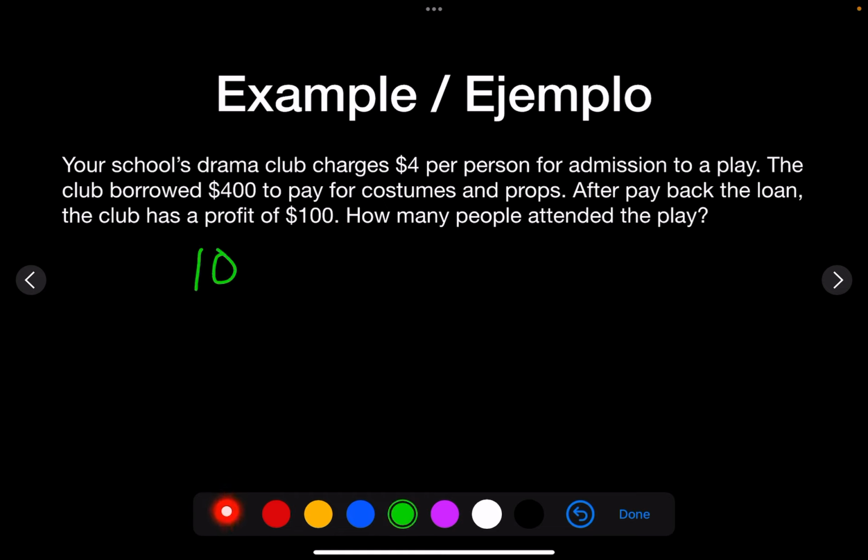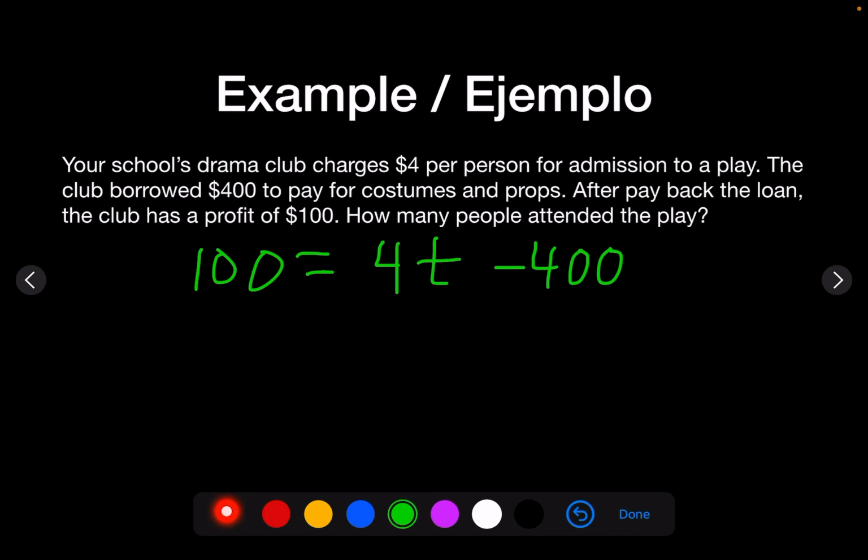So we know at the end, it is equal to 100. So now that that's out of the way, and we borrowed 400, so I know I'm going to subtract that from everything. And it is 4 per person for admission. So like 4T, per ticket sold we make $4. And then after we subtract the 400, we'll have 100 left over.